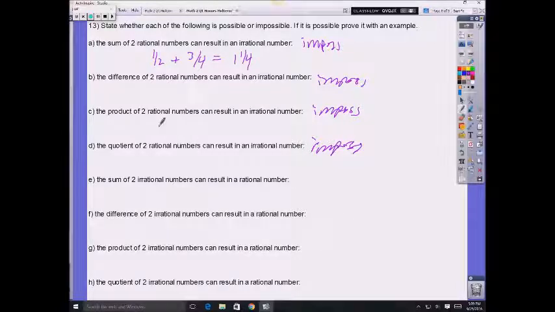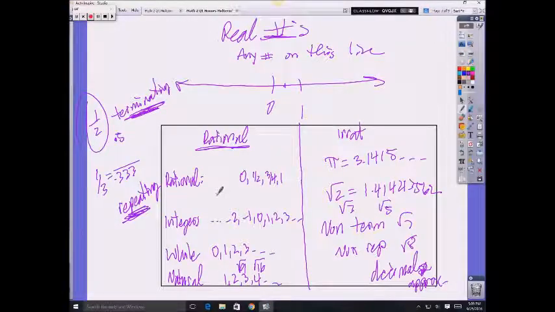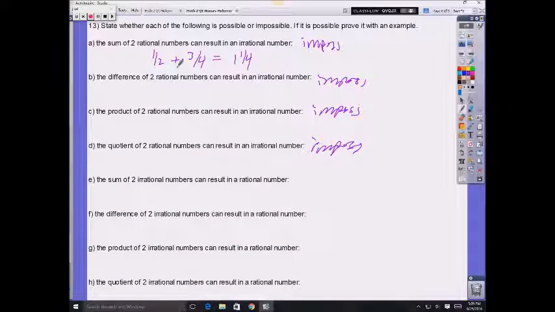If you multiply two of these rational numbers, since multiplication is just repeated addition, and addition will always result in a fraction that either terminates or repeats with a pattern. And since multiplication is repeated addition, impossible, impossible. Division, same. Okay, so now the sum of two irrational numbers.